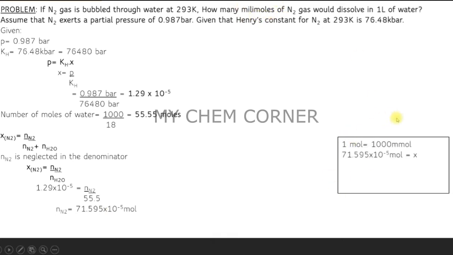The relation between mole and millimole is 1 mole equals 1000 millimoles. Therefore, when we calculate it and convert the powers, we will get 0.71595 millimole. 0.71595 millimole is the answer.